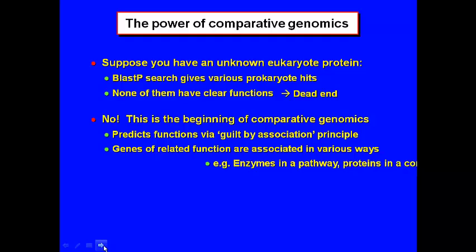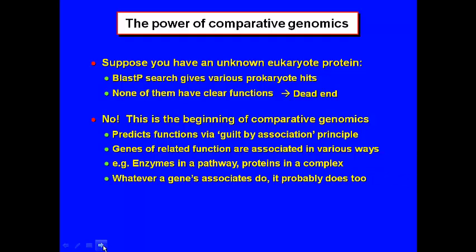When we say genes of related function, we mean, for example, the enzymes in a pathway or the proteins that belong to a molecular machine, a complex. And just like the saying, whatever a gene's associates do, it probably does something in that same area itself. So that's the whole basis for comparative genomics.